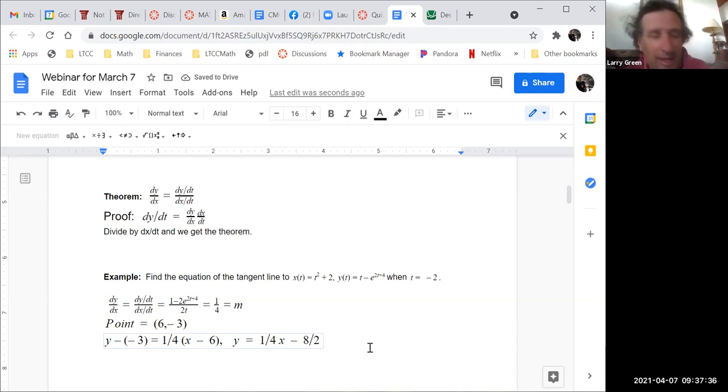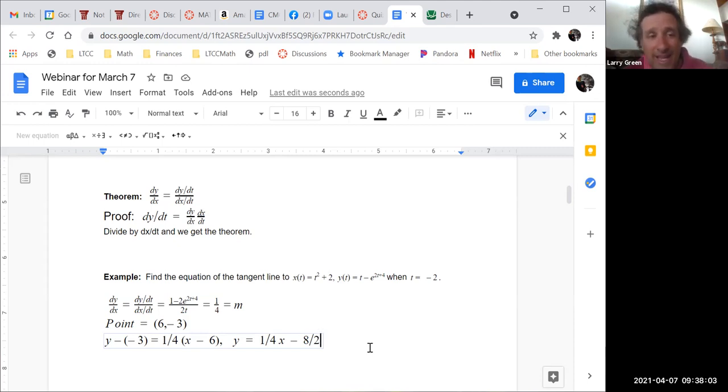Any questions on that? So again, a little messy fraction, but otherwise it's not too bad. Okay, so that's an example. It's not that hard to find a derivative, but again, you have to remember everything you learned, the main stuff that you learned in the first quarter calculus class, which is all about derivatives.